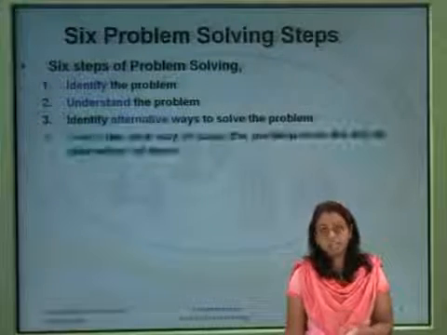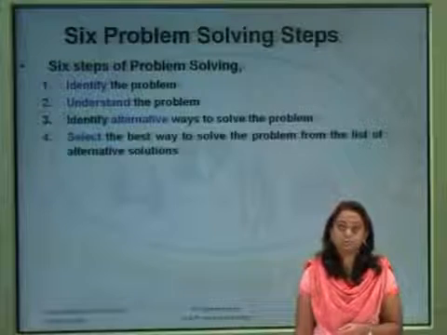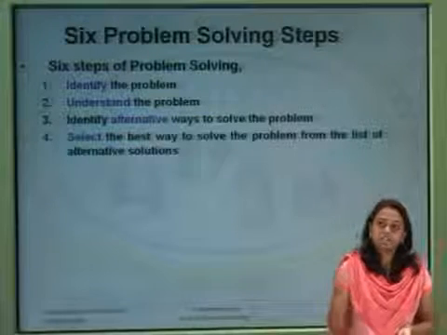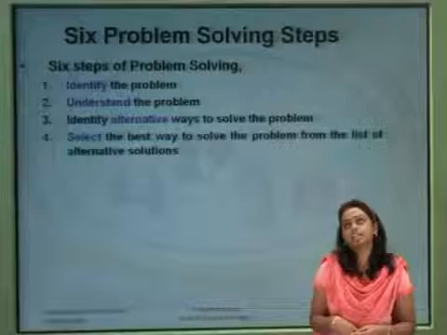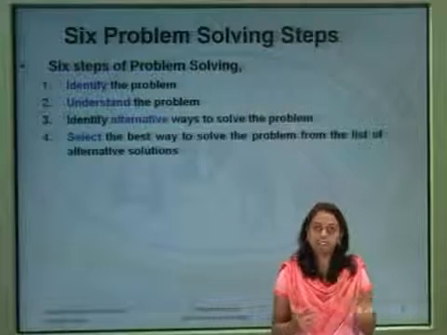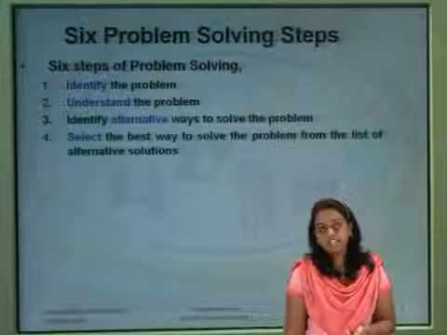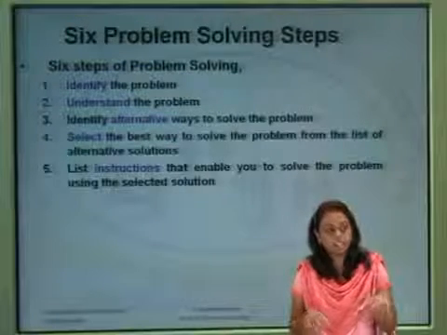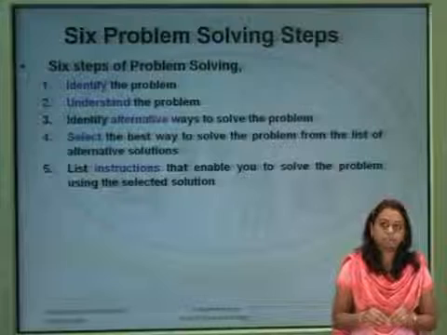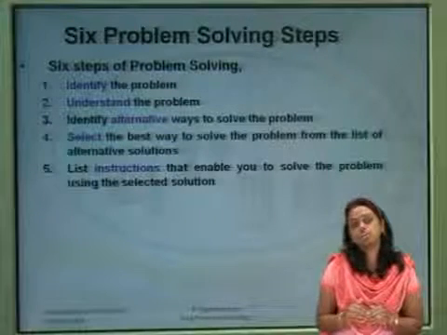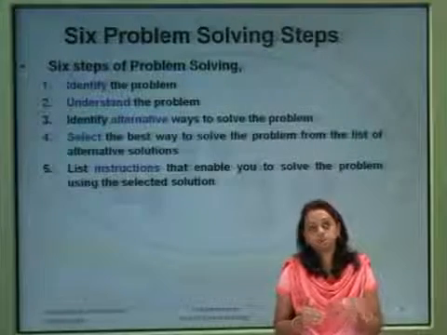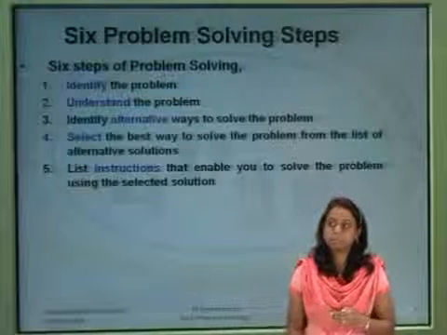The fourth step is selecting the best way to solve the problem from the list of alternatives. This is done by listing down the advantages and disadvantages of each and moving ahead. Next, whenever you finalize on a particular way, you need to list down all the instructions related to it one by one, step by step.